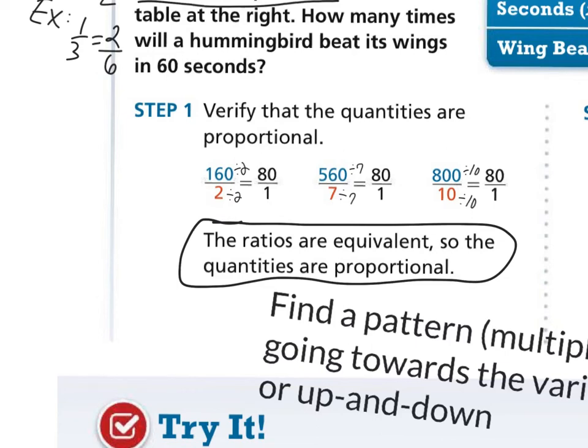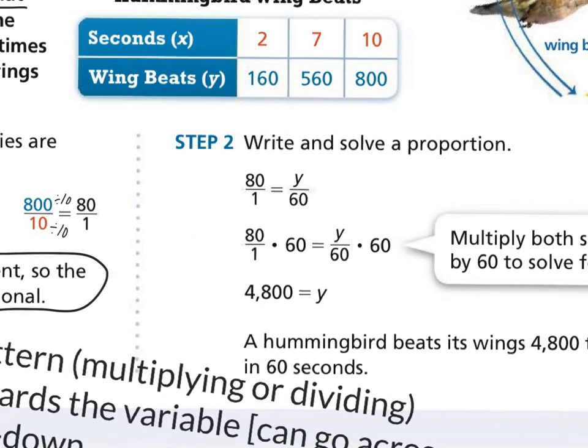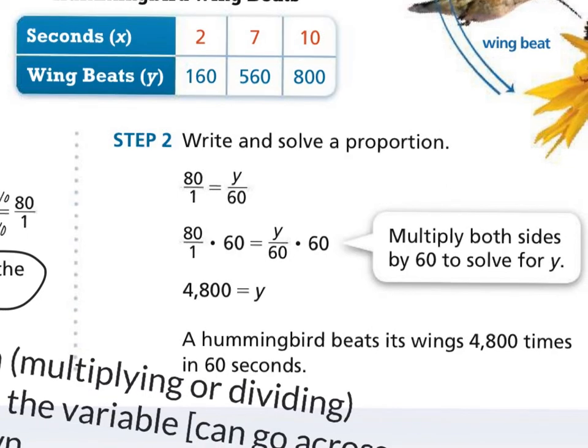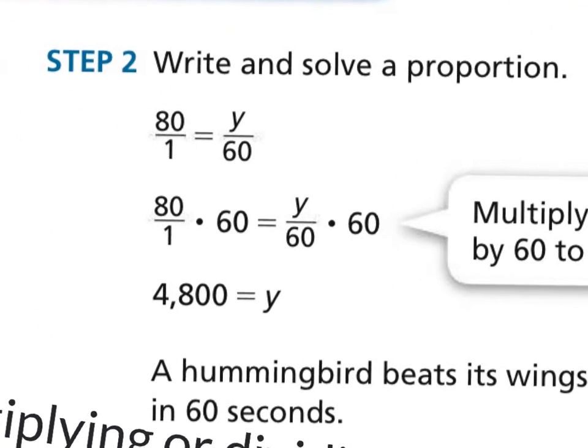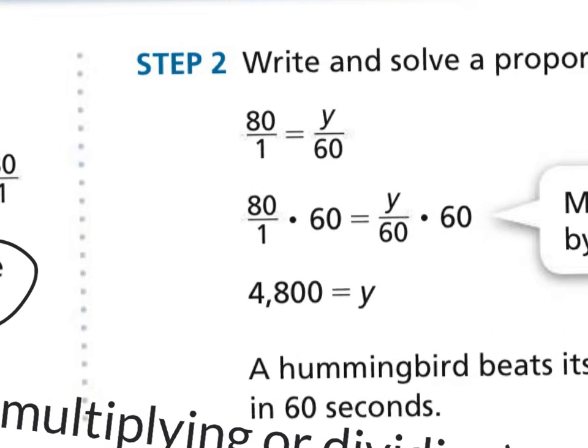The question here asks us to find how many times a hummingbird would beat its wings in 60 seconds. So once we've got that those ratios are equivalent, I should say, we can set up a proportion. So we've got 80 wing beats in 1 second.